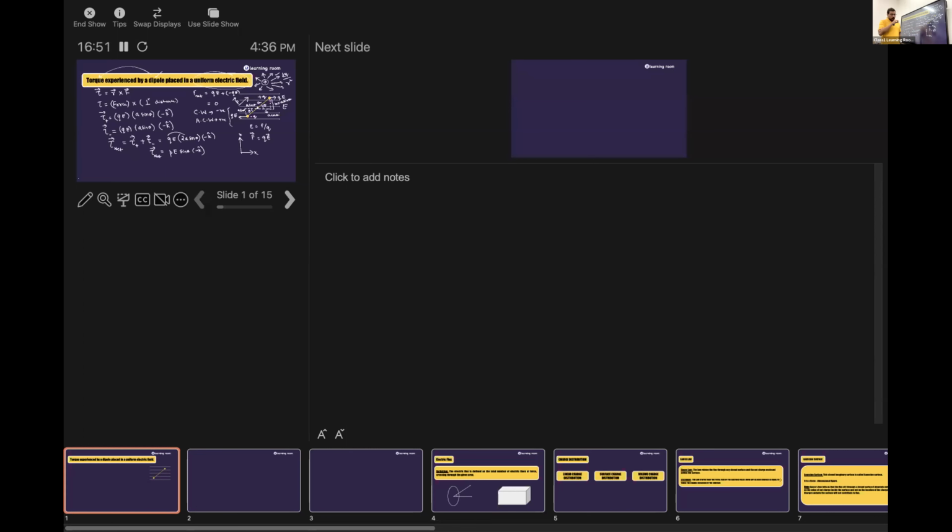So listen to this carefully. See, if suppose the system is like this, where I call this A vector and this B vector.